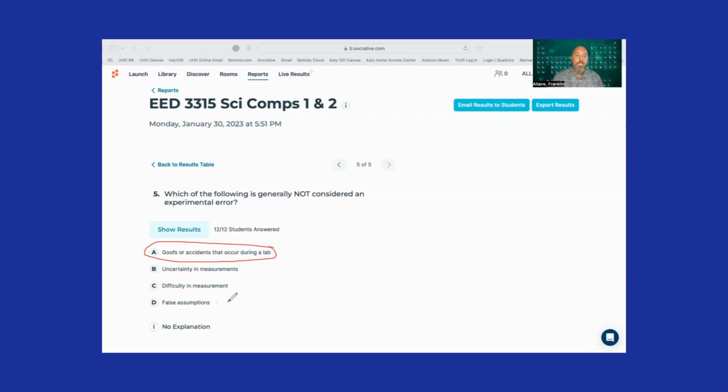Now, false assumptions kind of get into the notion of, I kind of liken it to a common thing that students do, and that's with rounding. So for instance, if you have a number like 145.98, okay, you weigh something and it's a value of 145.98. In a lot of cases, what students are going to be very tempted to do is to write down 146.